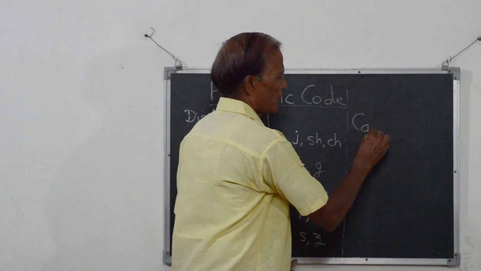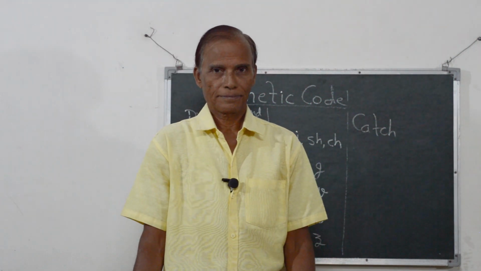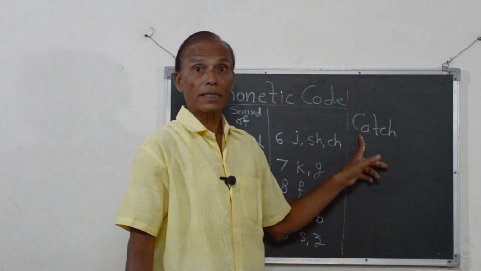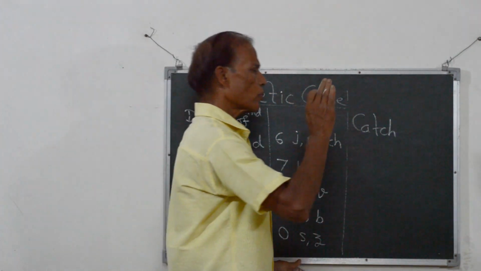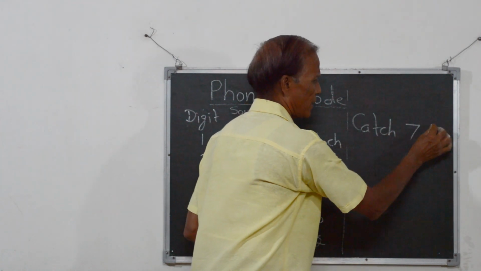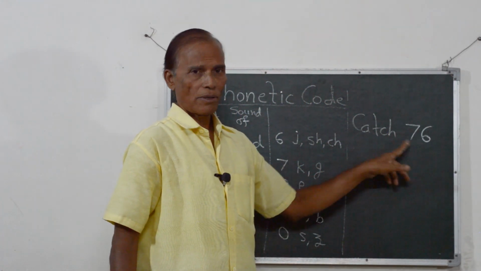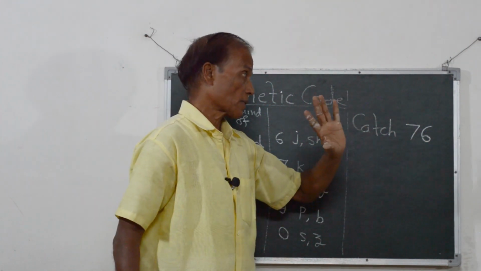Say this word catch. There is the K sound. This C says K, catch, and the second sound is the CH sound. Only one conversion, and that is 76. K is 7 and the CH sound converts into 6.